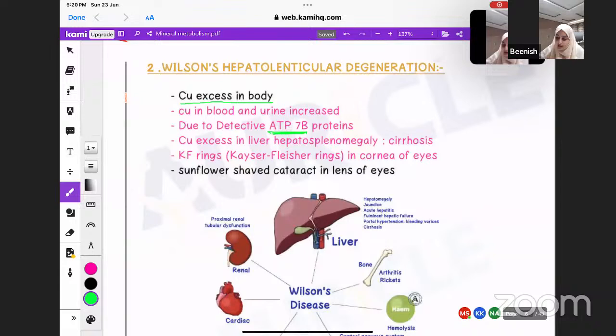In Menkes, the ATP7A protein was defective. Here the ATP7B protein is defective, and this ATP7B protein is also involved in regulating copper homeostasis.